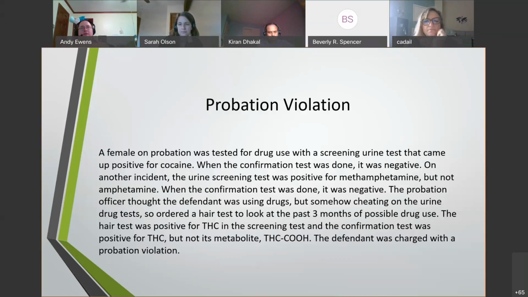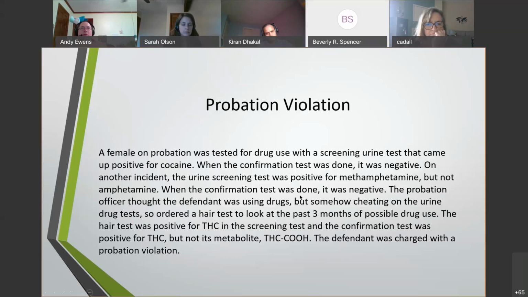The probation officer thought the defendant was using drugs, but somehow cheating on the urine test. So they ordered a hair test to look back at 3 months of possible drug use. The hair test was positive for THC in the screening test, and the confirmation was positive for THC, but not its metabolite, THC carboxylic acid. The defendant was charged with probation violation.